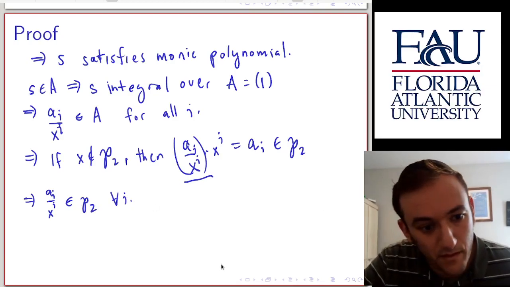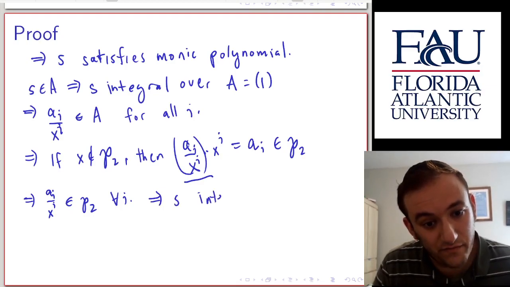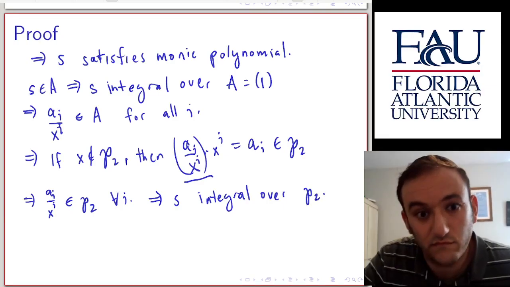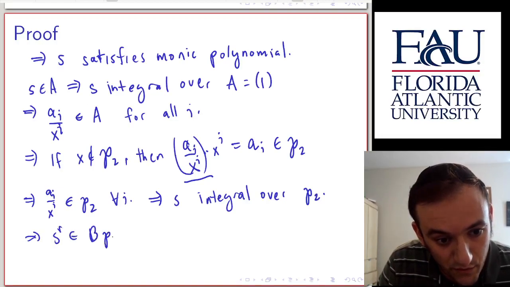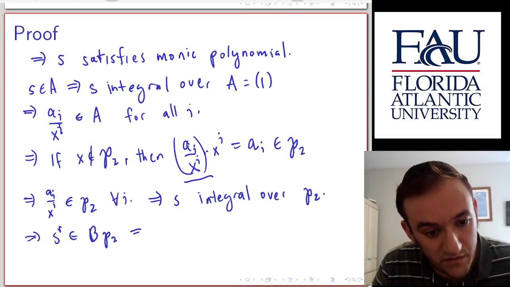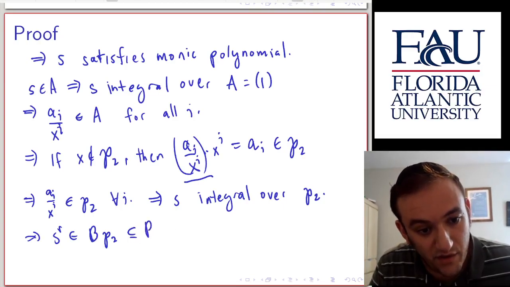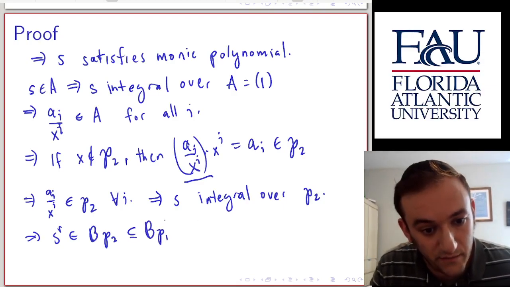Okay. But then that means that s is integral over P2. And this means that s to the r is in BP2, which means that in particular, it's contained in BP1, which is the larger prime ideal.